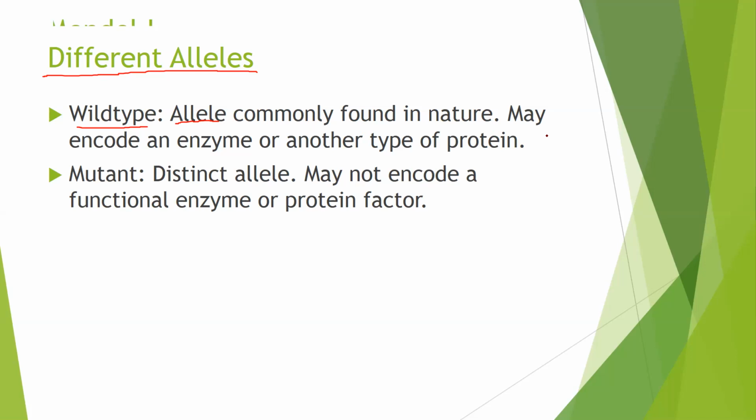It can produce some functional protein or enzyme, and this functional protein can do something in the cell to produce a kind of phenotype. We call that phenotype a wild-type phenotype.